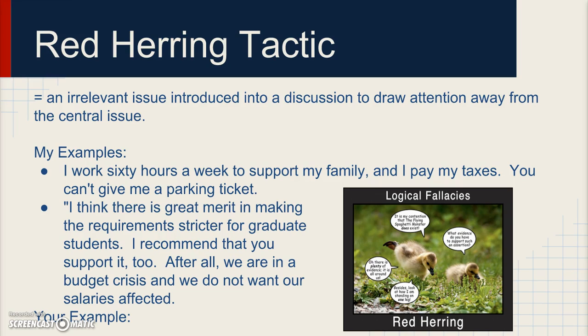I recommend that you support it too. After all, we are in a budget crisis and we do not want our salaries affected. So there is a red herring there, because the central issue of granting stricter requirements is not addressed fully. Rather, you're addressing the budget crisis, not the graduate requirements.